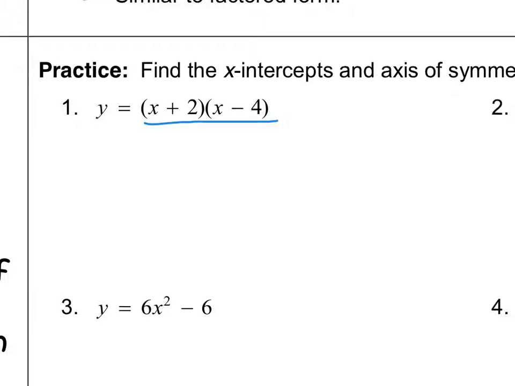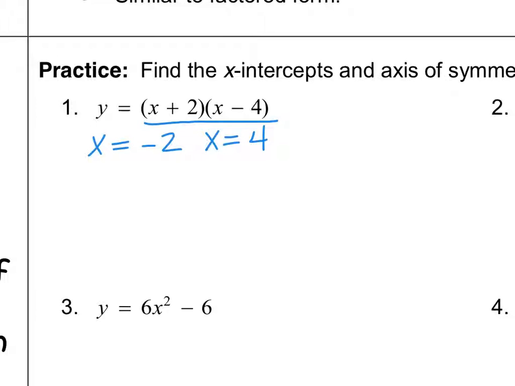So we know that we have 2 solutions, and you can use your pencil and count over and see that one of them looks like x equals -2, and the other looks to be x equals 4. Now we can go into our table and verify that these are really the zeros of the function.